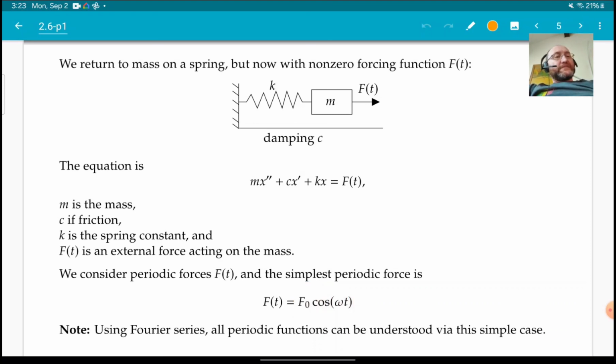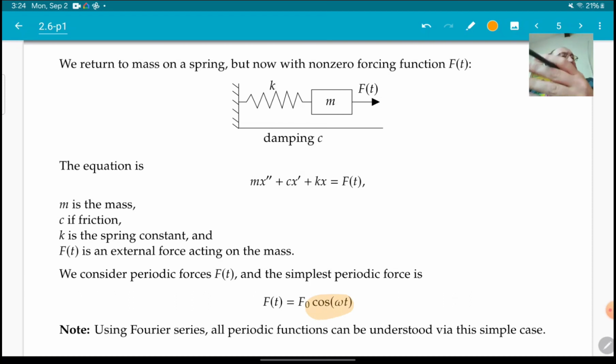Now, if we understand this, which is the simplest possible periodic force, we will in some sense understand all periodic force, because using Fourier series, which is also covered in this book, you can write every periodic function using just sines and cosines.